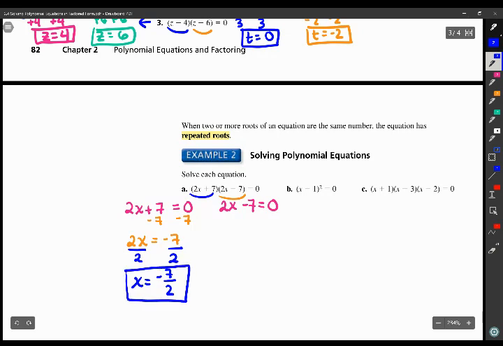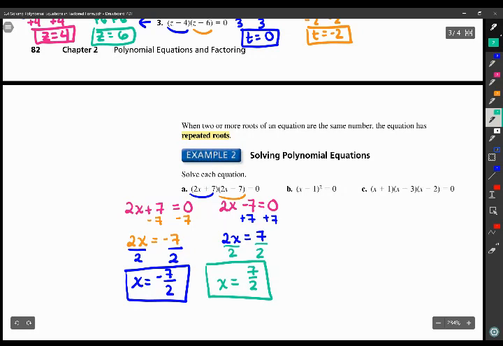And then my other problem, I'm going to get rid of the minus 7 by adding 7 this time. So we get 2x is equal to 7. And then to get the 2 to go away, we divide by 2. And so we get x is equal to positive 7/2. So notice how your answers are similar, but they're still different. One's positive and one's negative.